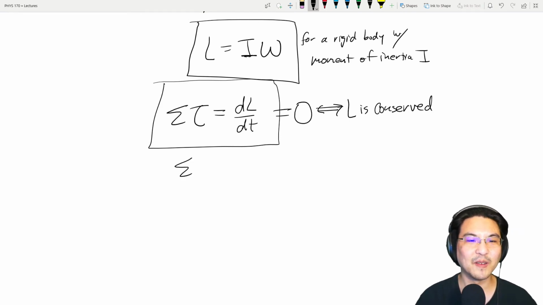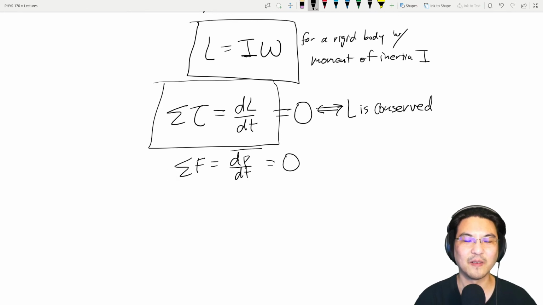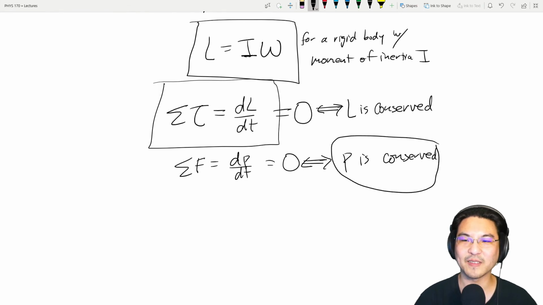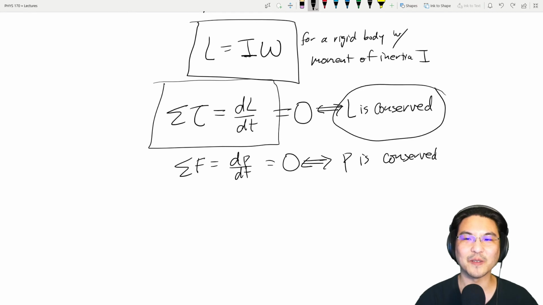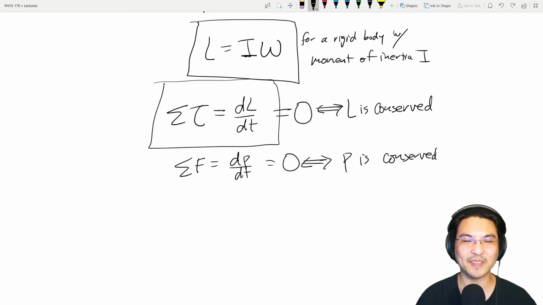Compare that to Newton's second law like this. If you have no net force, so if this is zero, the time derivative of P is zero, the same thing as saying P is constant or conserved. So look, that's conservation of linear momentum, conservation of angular momentum. It's analogous to everything we did with linear momentum.